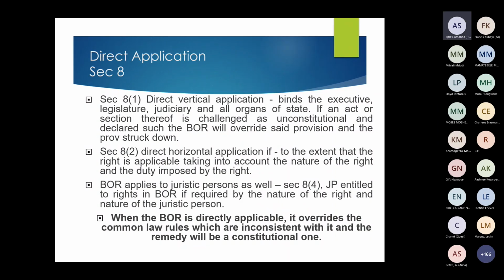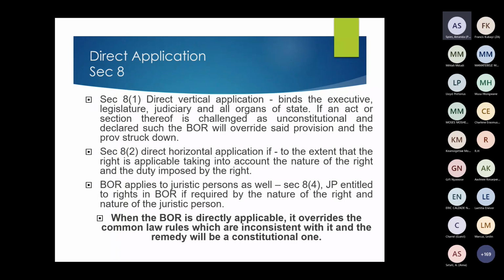In terms of application as well, you should be able to distinguish between direct application and indirect application. So I'm not going to go into too much detail in terms of Section 8 of the Constitution, but it provides Section 8.1 for direct vertical application. So if you think about vertical application, this is the application of the Constitution that binds the state.